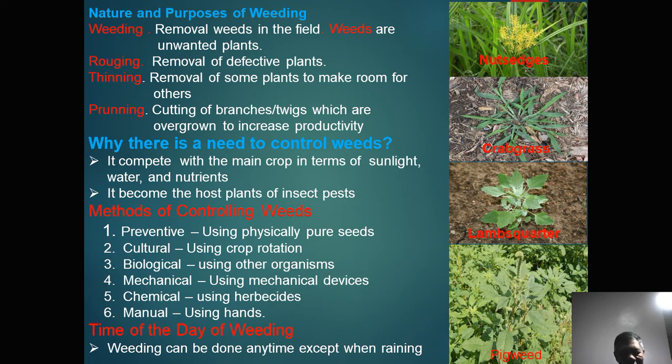Okay, but I always remind my grad students, even before when I was teaching in the high school, to refrain from weeding the garden or the field, particularly in vegetable production, when raining, because if you do it during this particular period, you are promoting soil erosion.